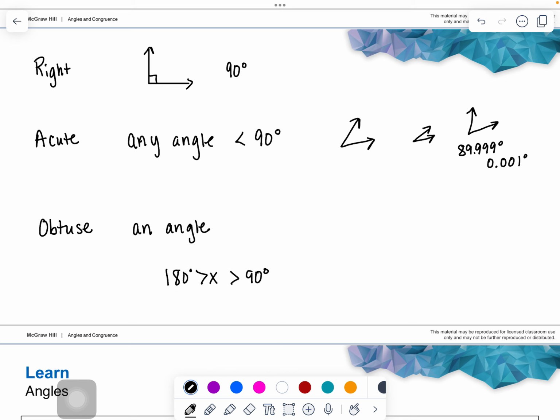It's going to be sitting between there, okay? Because we've got a straight line, that's a straight angle we talked about. It's going to be less than a straight angle, but it's going to be greater than a right angle. Those are both obtuse angles.